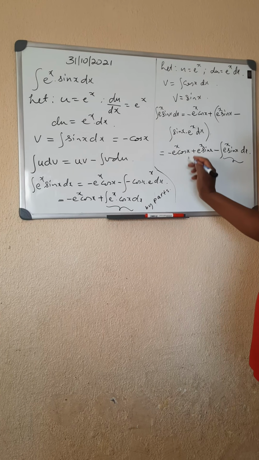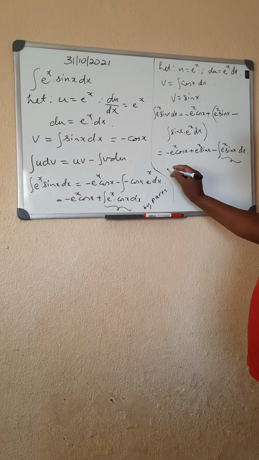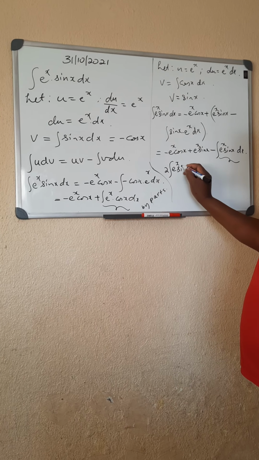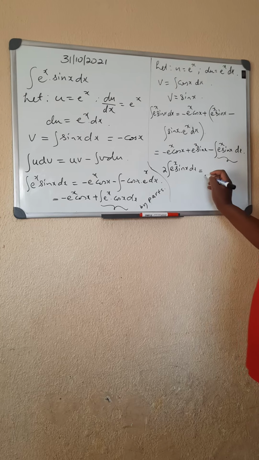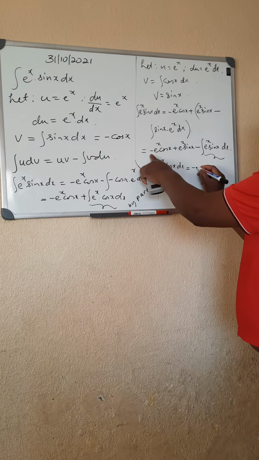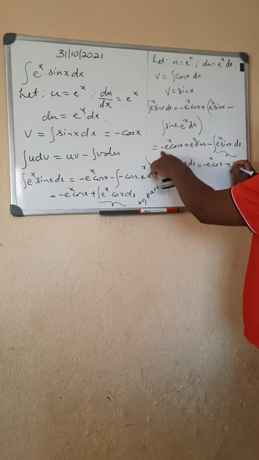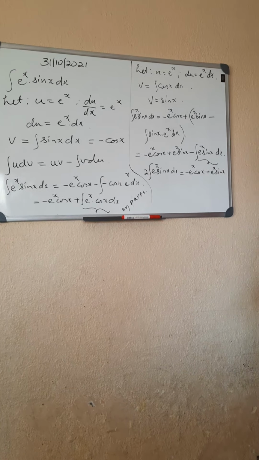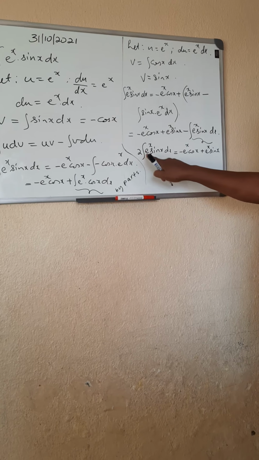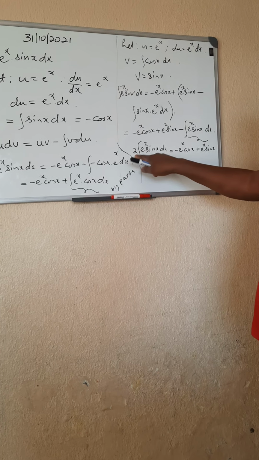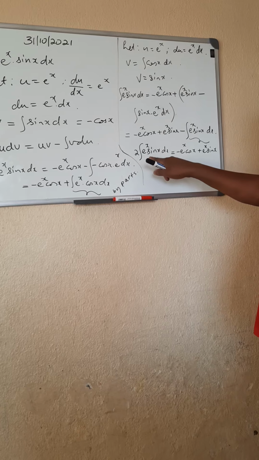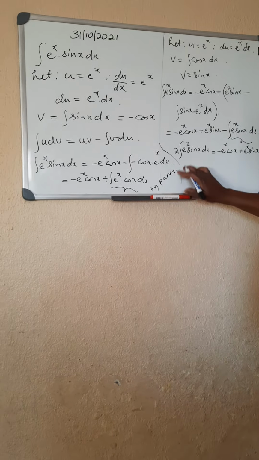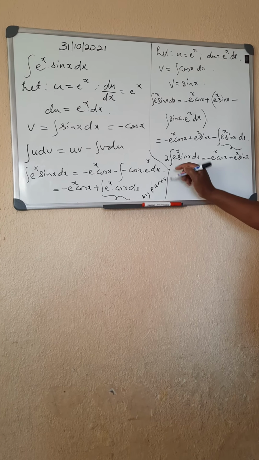When we do that, then it means we are going to have 2 of the integral of e to the x sine x dx equals minus e to the x cos x plus e to the x sine x. Now because we're not looking for integration of 2 of this, because we're looking for integration of 1 of e to the x sine x, we will therefore have to divide by 2.